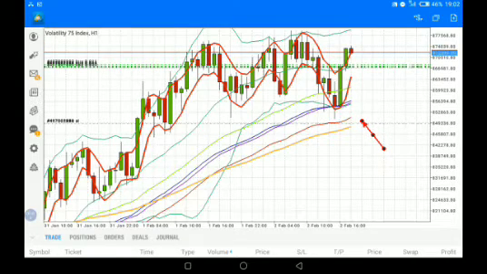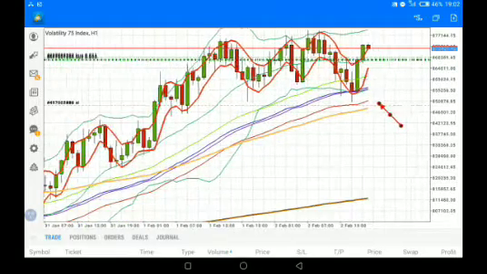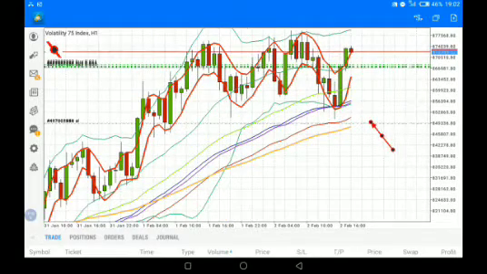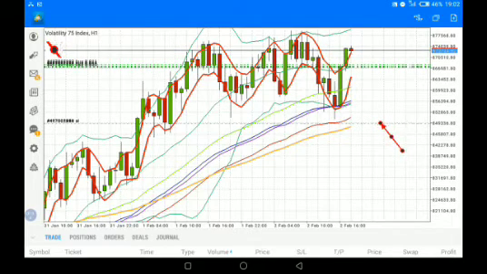I positioned my stop loss here because I'm following a rule of thumb. The rule of thumb states that you should position your stop loss at a price level where it can only be struck when your entire analysis is wrong.